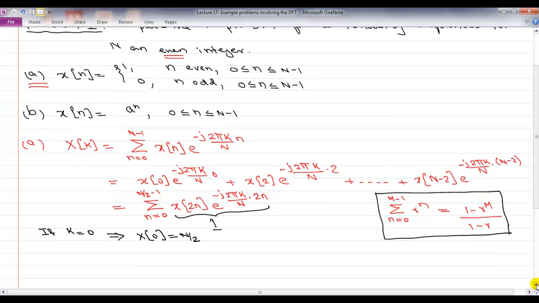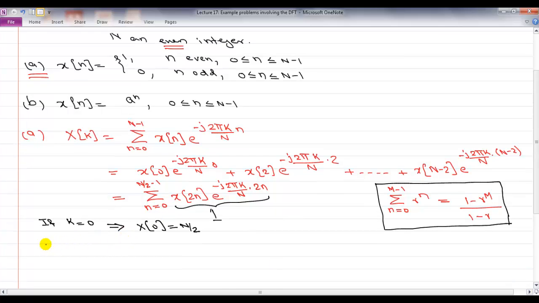The other case that you have to be careful about is if k equals N by 2. Then I focus on e to the minus j 2 pi over N times N by 2 times 2n. The N cancels with N, 2 cancels with 2, and I get e to the minus j 2 pi n.